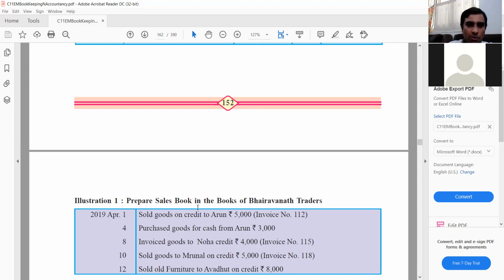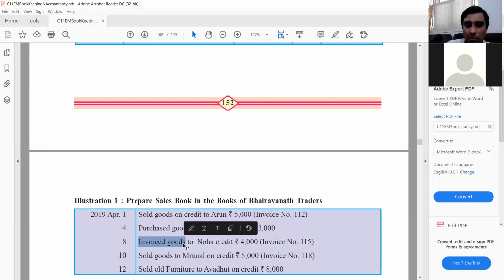So now sold goods on credit to Arun, invoice number 112, rupees 5,000. Purchased goods for cash from Arun. So, this is to be ignored. You're not going to do anything with this transaction. Invoiced goods to Noha on credit. So invoiced goods to Noha, this means you actually sold goods to Noha.